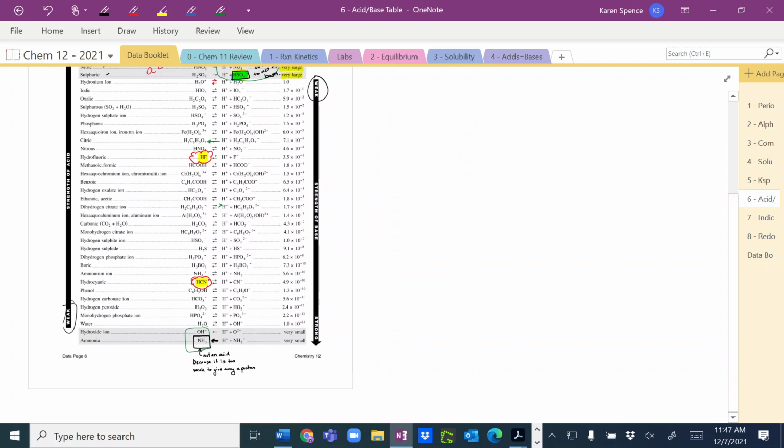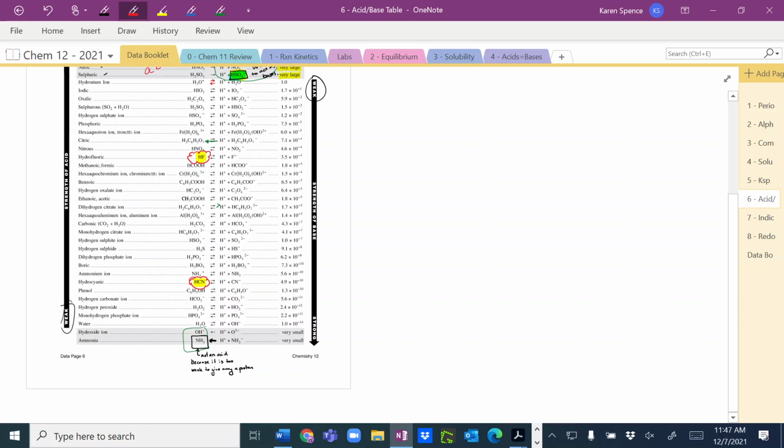So I'm just going to zoom out. You can see the little red flowers on there. This one up here is HF. This one down here is HCN. Now, over on the right-hand side, and we haven't paid much attention to these yet, are our Ka values.